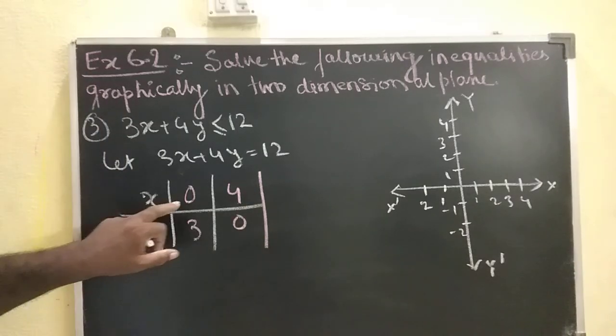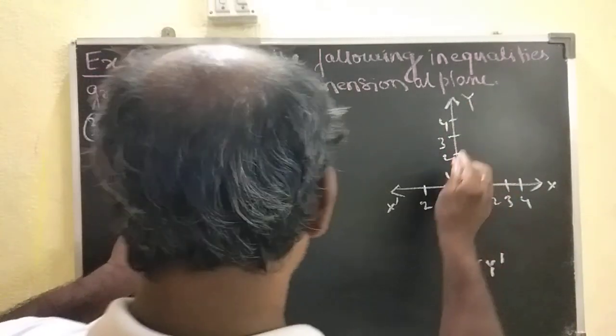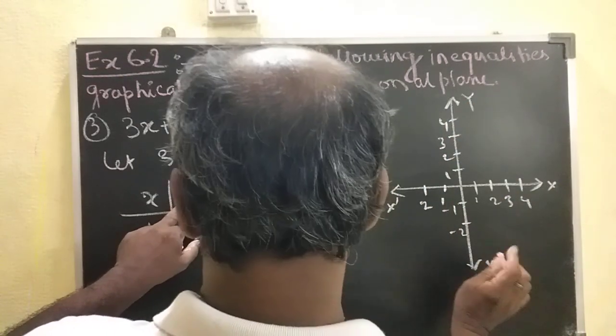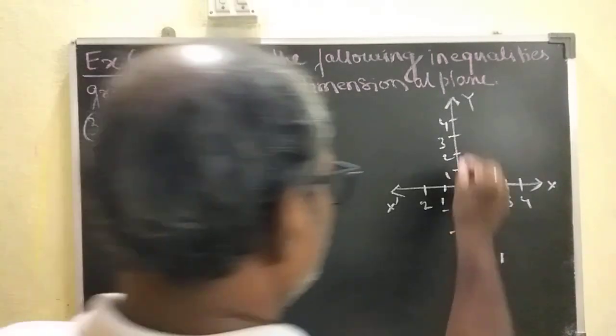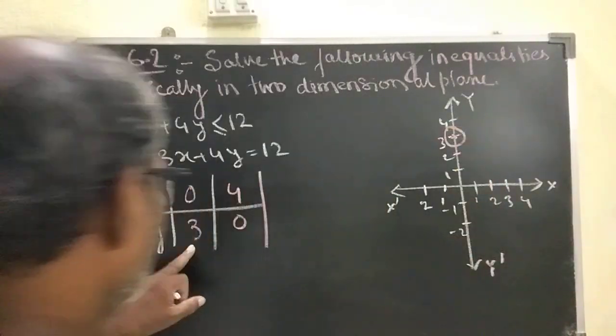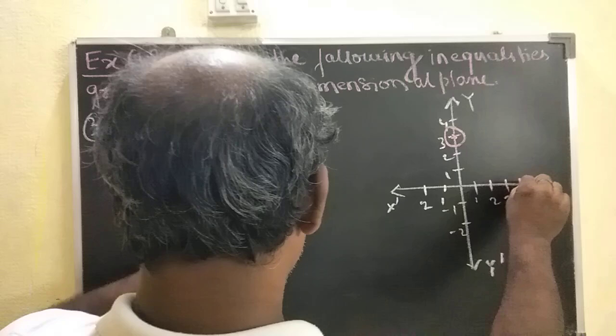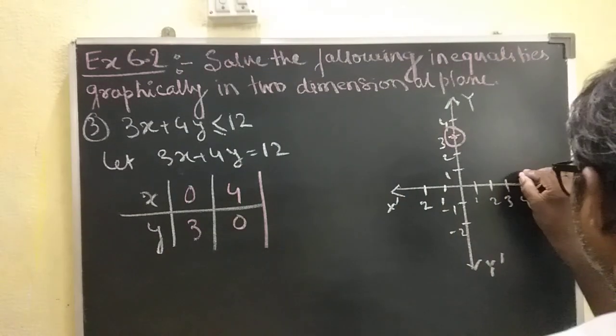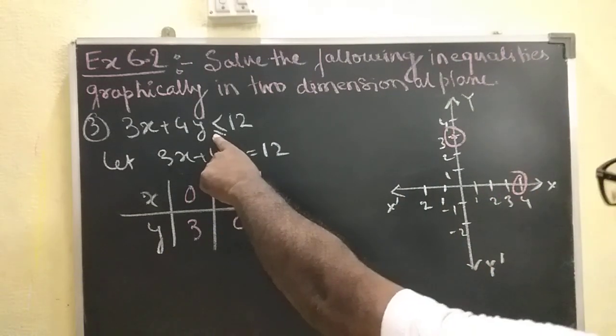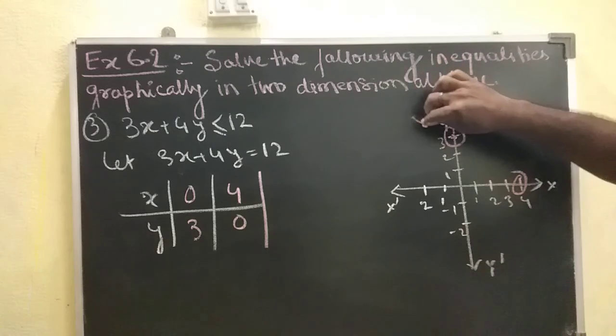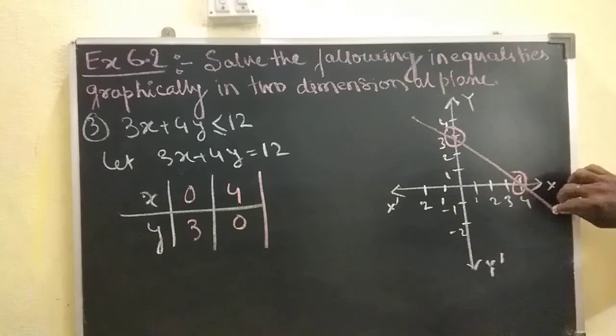So we get x equals to 0, y equals to 3. We write down this point, and x equals to 4 and y equals to 0. So this point. Since यहाँ पर equals to sign is here, so we have to draw a straight line passing through these points.